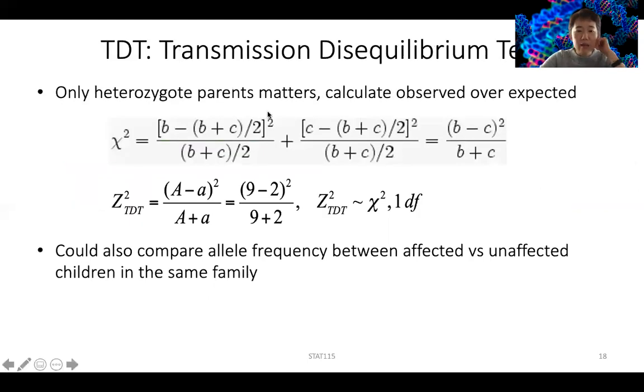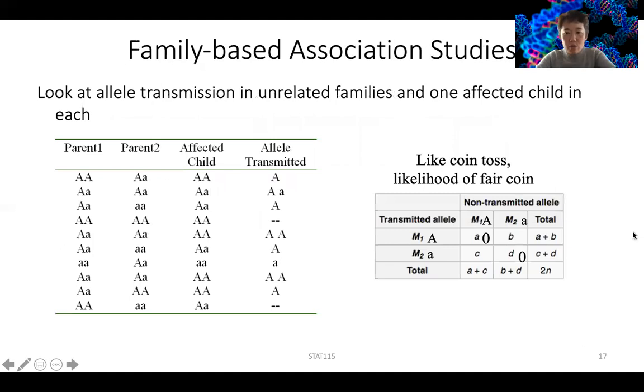Okay, and so for the family-based association study, we look at this transmission disequilibrium test. And we only look at those parents that are heterozygous. The non-heterozygous parents don't really matter. You calculate the observed over expected using this table. C is basically how many small a are transmitted.